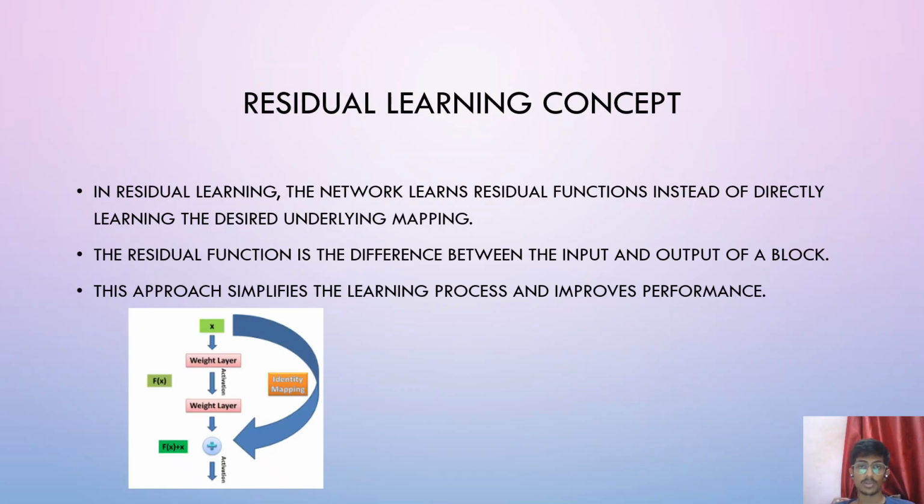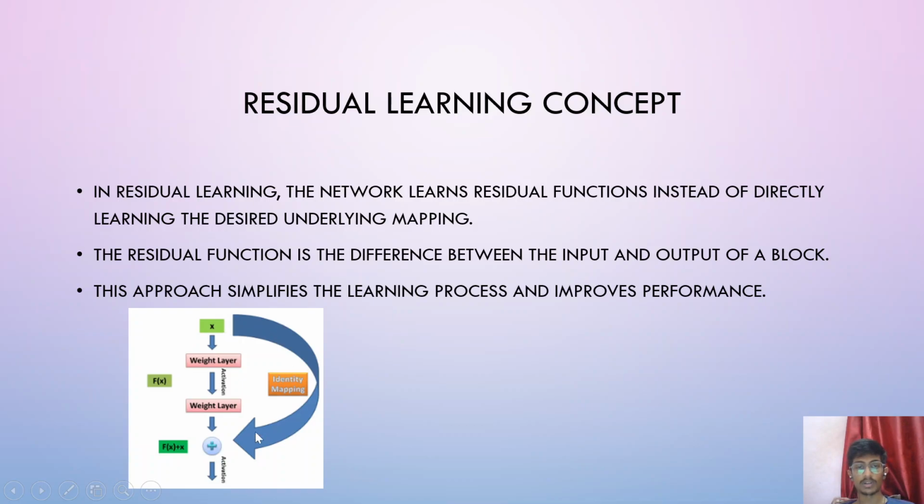Coming to the residual learning concept, in residual learning the network learns a residual function instead of directly learning the desired underlying mapping. Here there is an X, there is a node and layer, and after the weight is added, the activation function is applied.